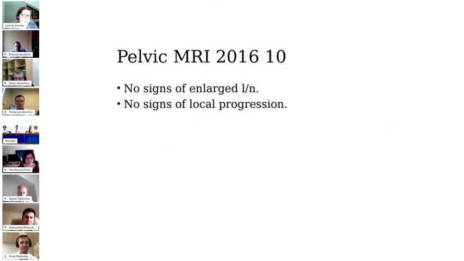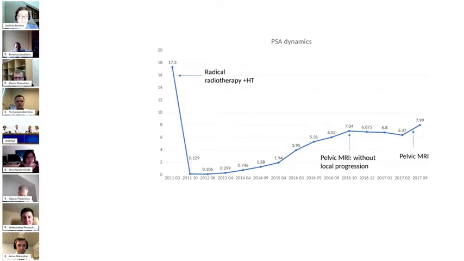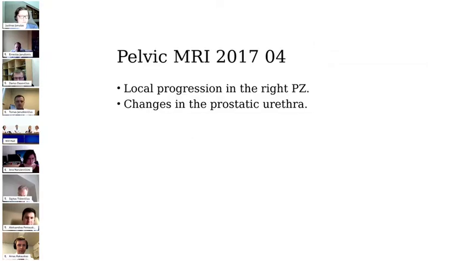So there were no signs of enlarged lymph nodes or signs of local progression. And PSA remained stable for a time, and a pelvic MRI was performed years later. I suppose we do have these images.